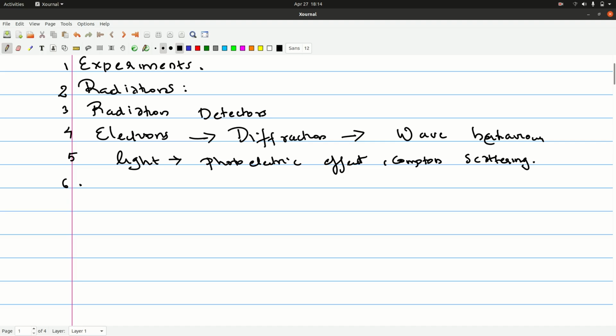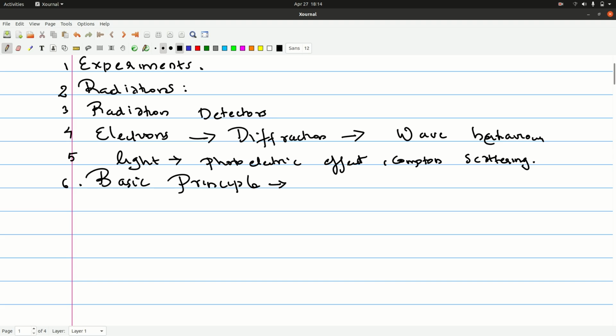The basic principle of radiation detection relies on interaction. When a radiation passes through a material, the active medium inside a detector, it interacts with the atoms, molecules and nuclei of that material.